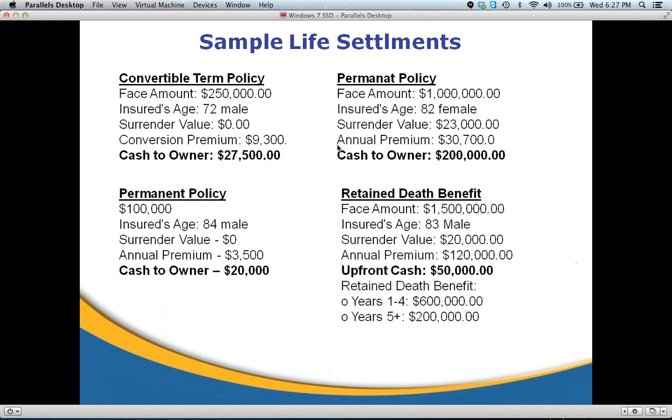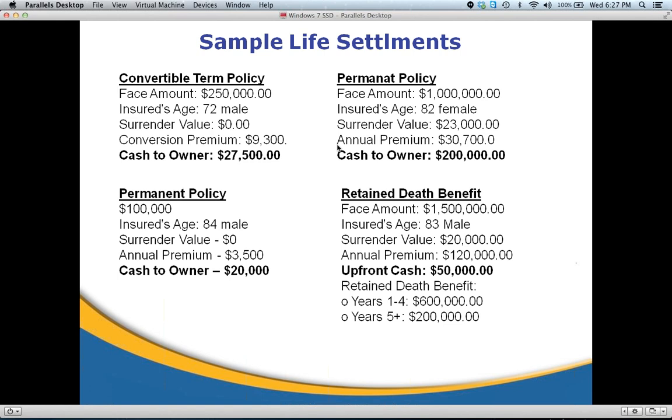And then here's a fourth option. Sometimes when you have larger face amounts, you can actually sell just a part of your insurance and not sell all of it. So here's a $1.5 million face amount. It's an 83-year-old male. The surrender value is $20,000. The annual premium is $120,000. Obviously, very difficult to afford.